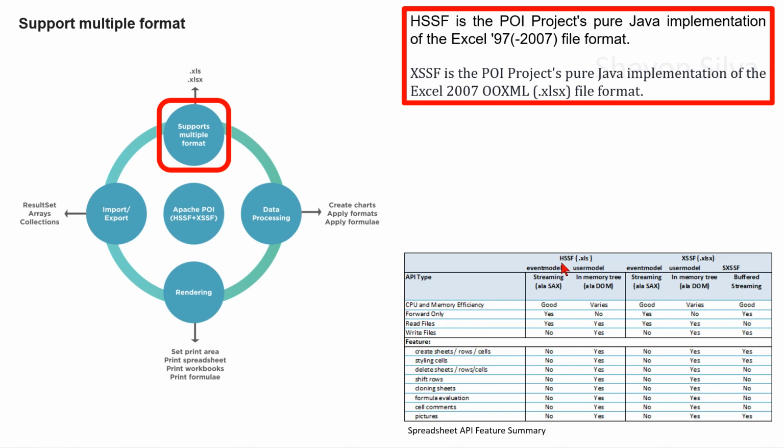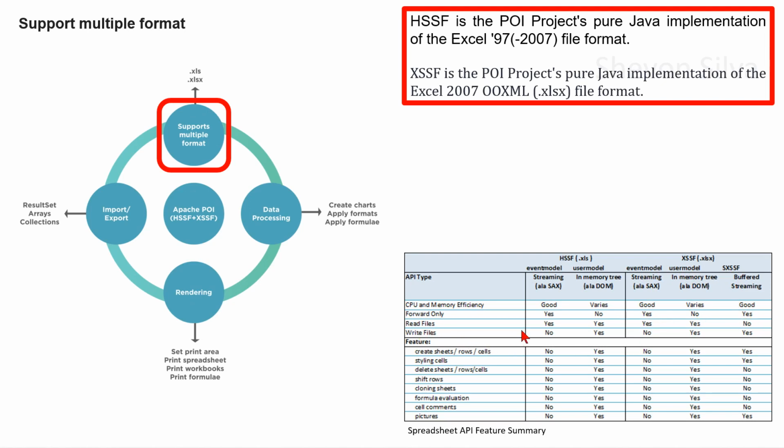In HSSF the user model varies. In the event model it is good, and in the user model it varies, and with SXSSF it is good, yes. Sorry, in the event model it is yes, and the user model is no, and SXSSF is yes.